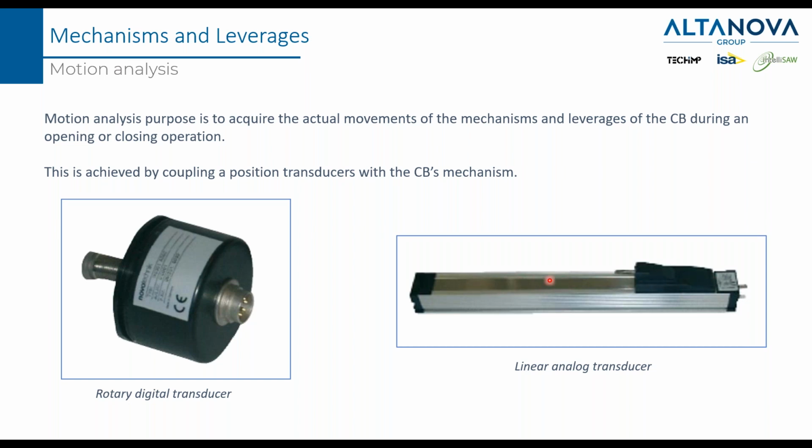It can be linear, so this part slides along this line, or it can be rotary, because the mechanism can also be rotary. So you don't necessarily have to imagine a piece of iron that moves back and forth.